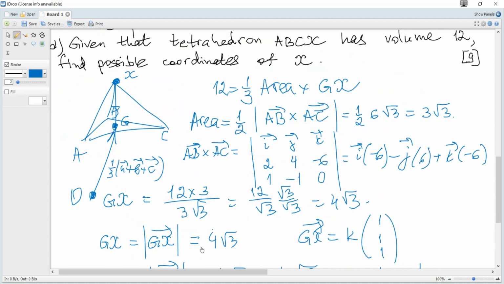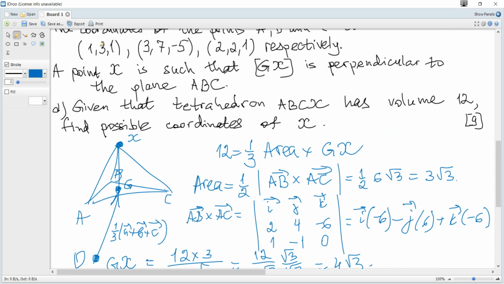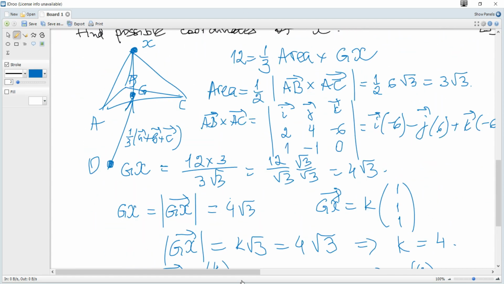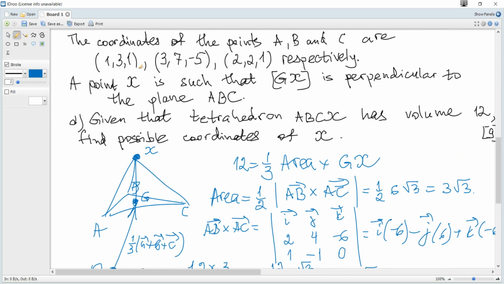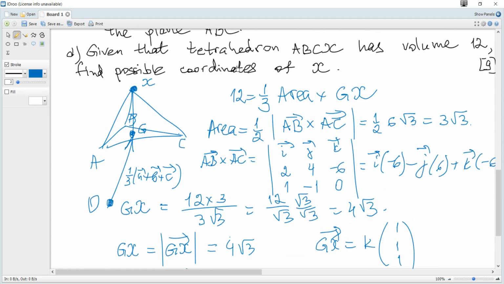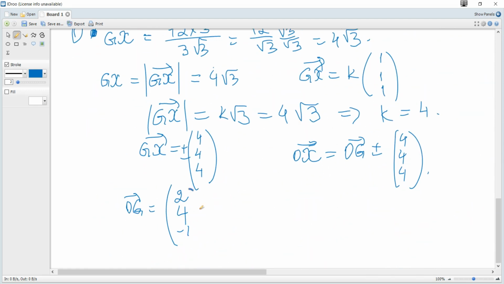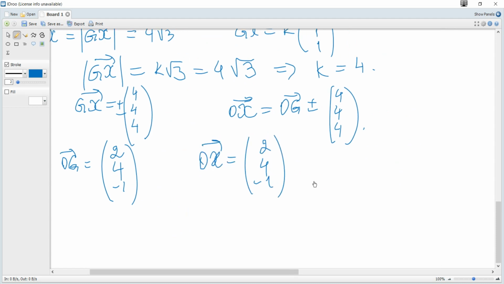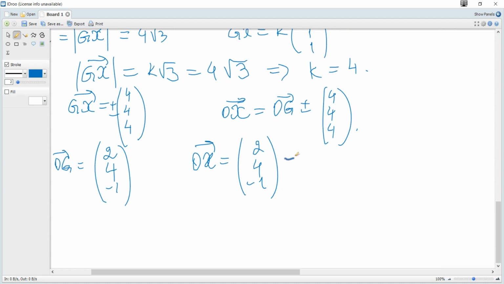And for the y coordinate, it's 3 plus 7, 10, 12, 4, and for z, 1, negative 5 plus 1, 2 minus 5, negative 3 over 3, negative 1. Hence OX becomes 2, 4, negative 1 plus minus 4, 4, 4.